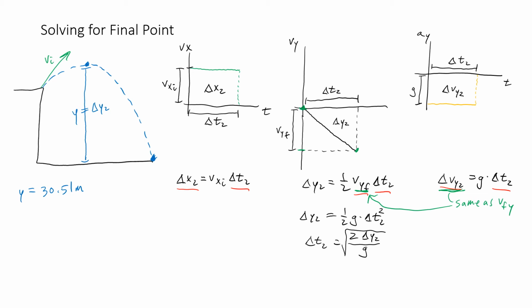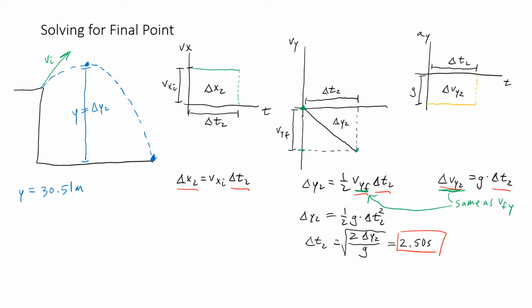If I plug in the numbers for this part, I get a time of 2.50 seconds. So this will be the amount of time that it takes in total to get down to the ground.